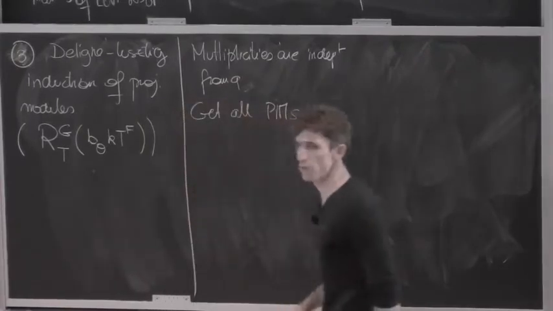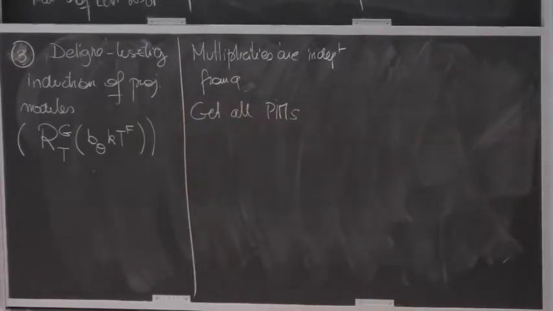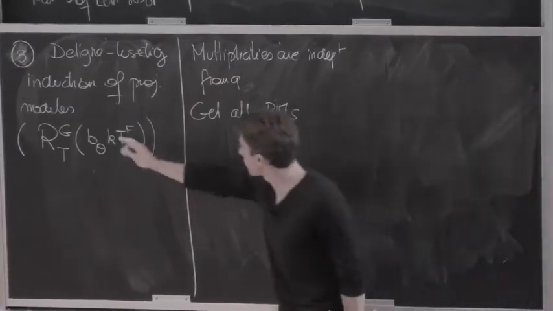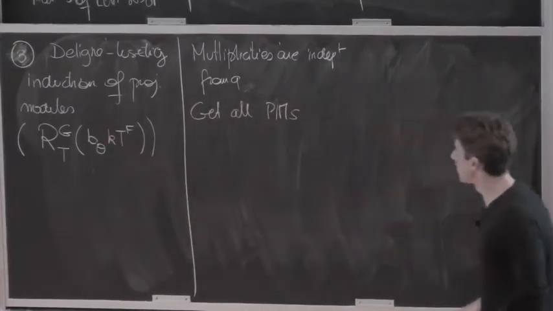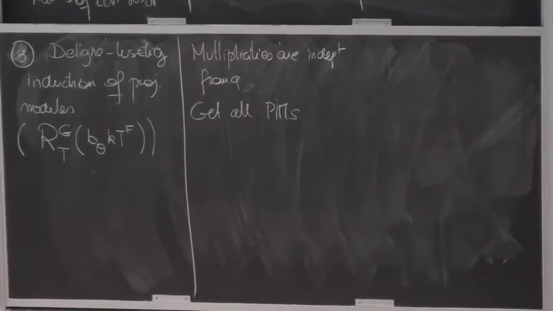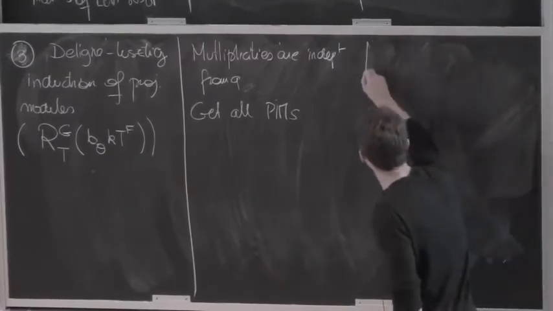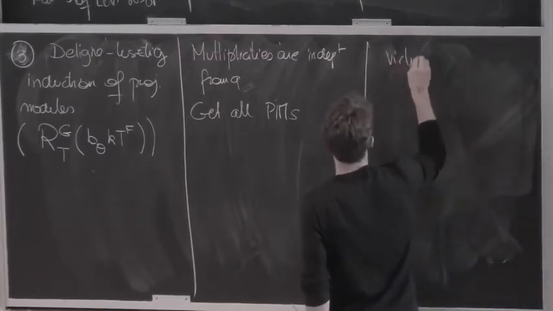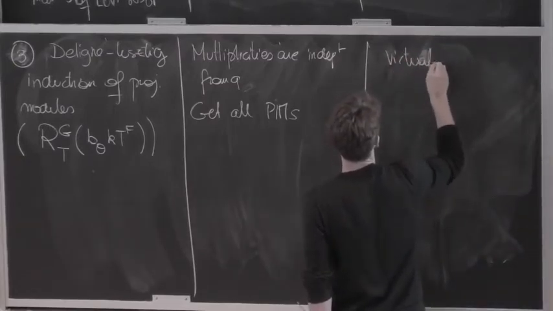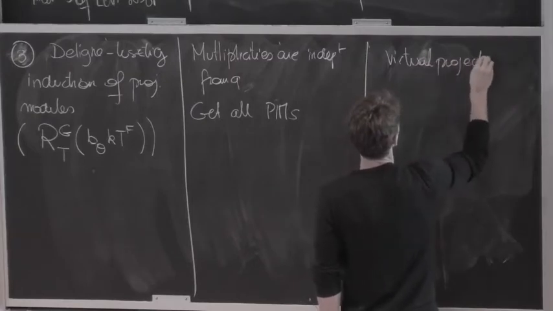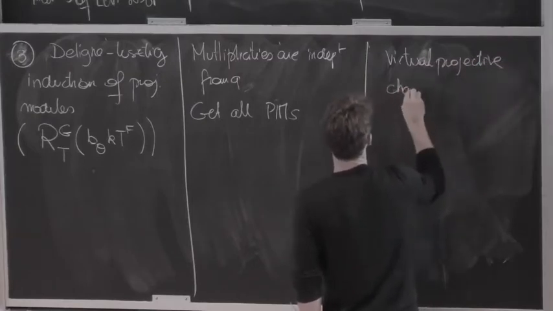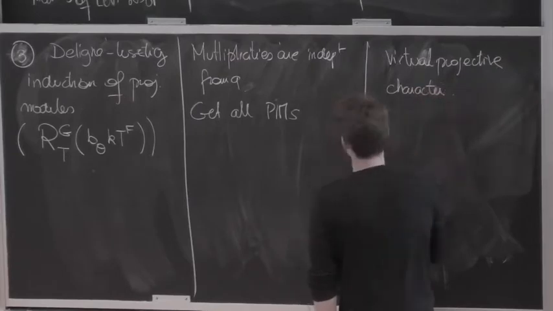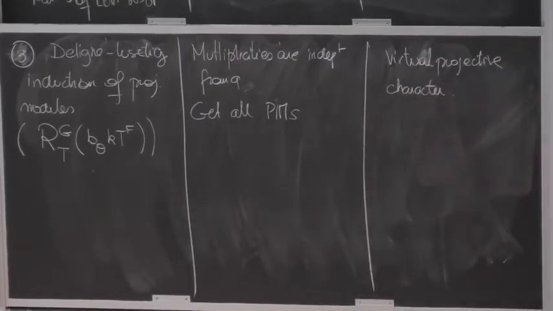This is a part of the theorem that I stated yesterday, that if you look at all of these characters for various tori, you get, inside, all the projective modules, so that's good. But the problem is that it's a virtual character. And that's a problem if you want to decompose it and to compute the character of a projective indecomposable module.